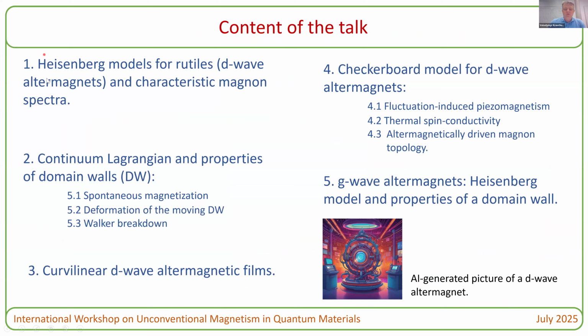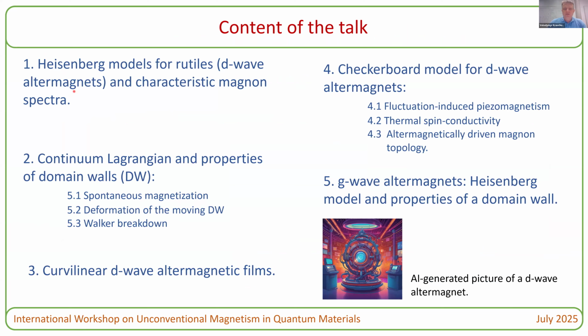Mainly, I will talk about the D-wave altermagnets, the simplest type of altermagnets, and in the context of D-wave altermagnets, we will consider two models: the model of rutiles and the checkerboard model.